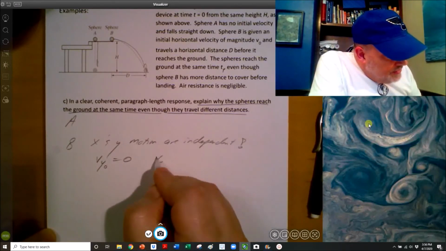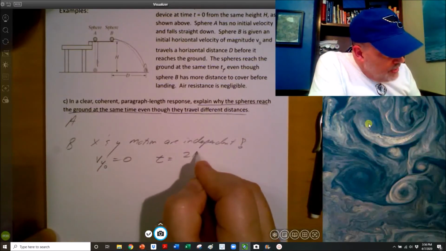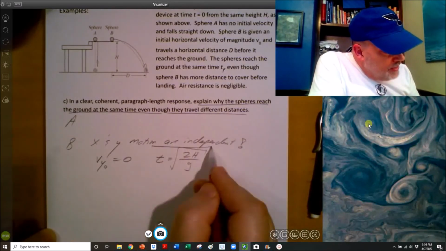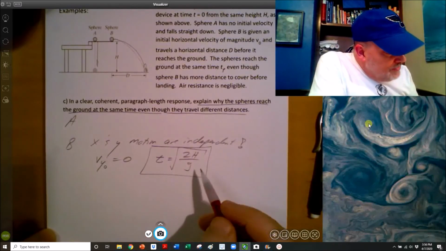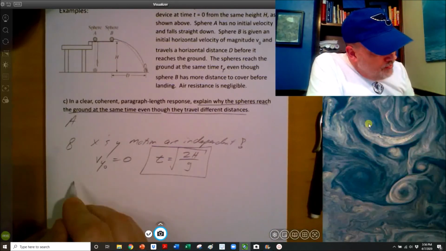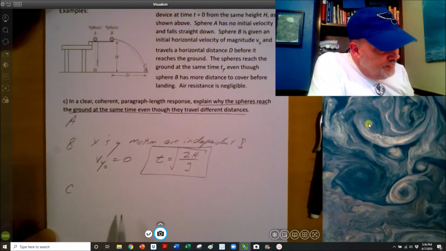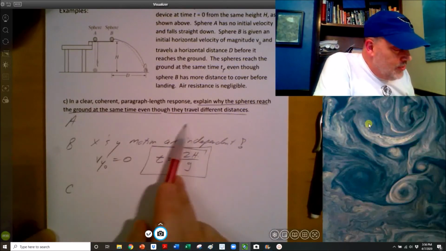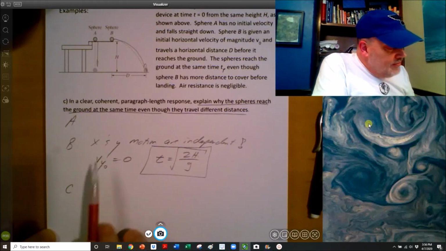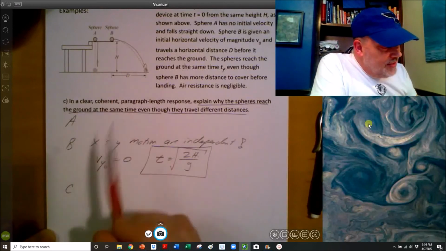That means the time for them to fall will be the square root of 2h over g from our last problem, right? So that means they take the same time to hit the ground if they're at the same height. So that's part C. A, answer the question. B, give the basic physics. C, cite critical information from our problem. Our problem is that they have the same height.